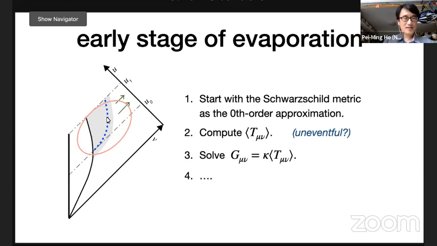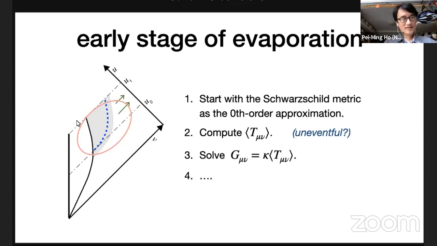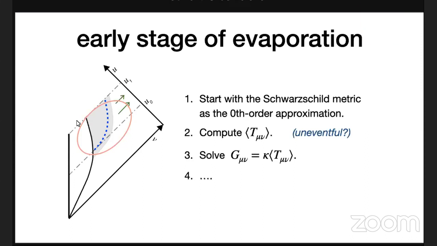So there's nothing preventing you from going in and out. For a freely falling observer, they can easily cross this trapping horizon. So this capital U and V is defined everywhere, I mean, before you have an event horizon and other stuff. No event horizon, right. What you have here is just this local trapping horizon.